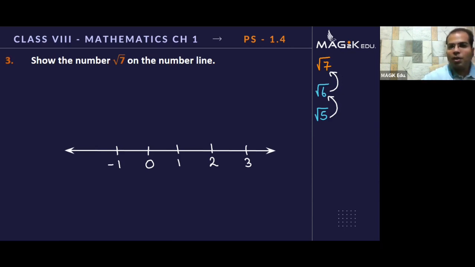Now अभी हमने देखा था how do we draw root 5 on the number line. It was pretty easy. We just made a right triangle with 2 units and 1 unit, and we were successful in achieving root 5.